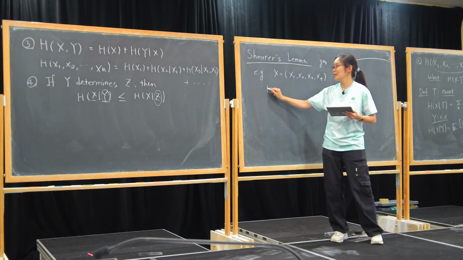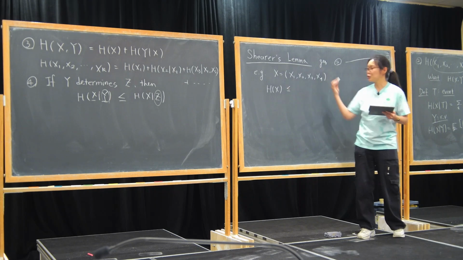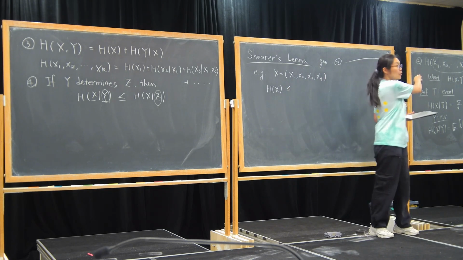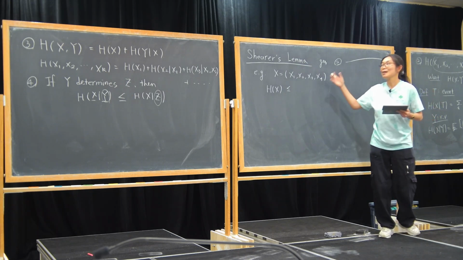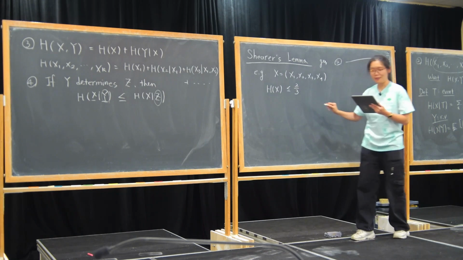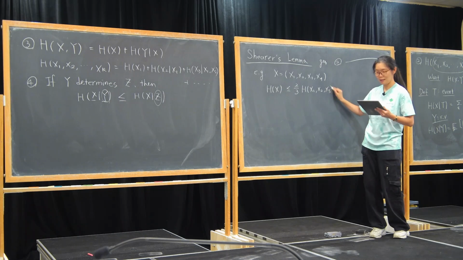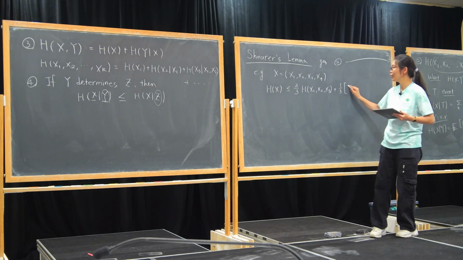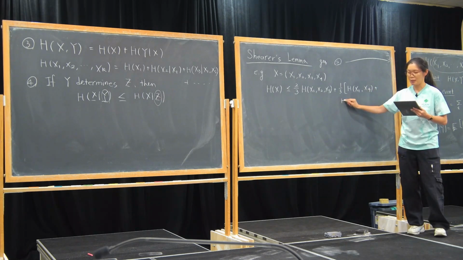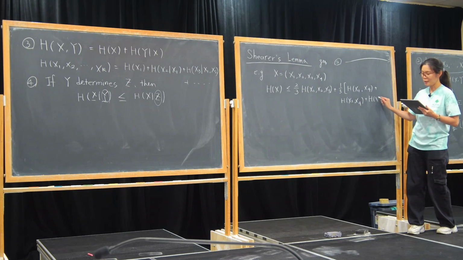Of course, we know that the entropy of X is at most the entropy of X1 plus the entropy of X2 plus dot, dot, dot. We know that from this property. And Shearer's lemma gives us something more than that. It says that this is at most, for example, 2/3 of the entropy of this plus 1/3 of the entropy of X1, X4 plus the entropy of X2, X4 plus the entropy of X3 and X4.